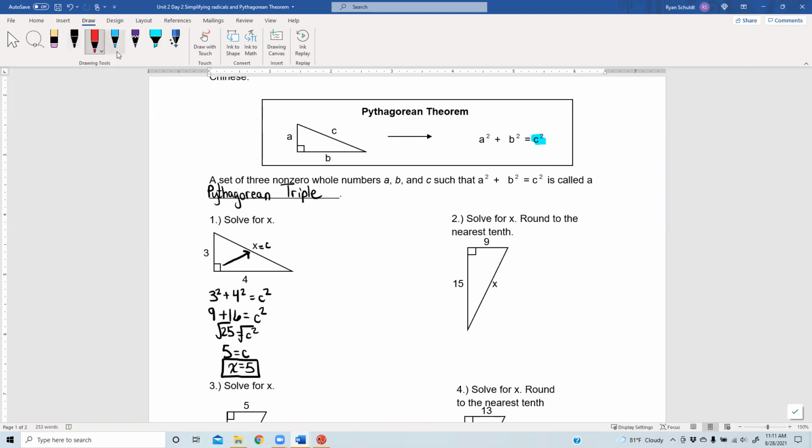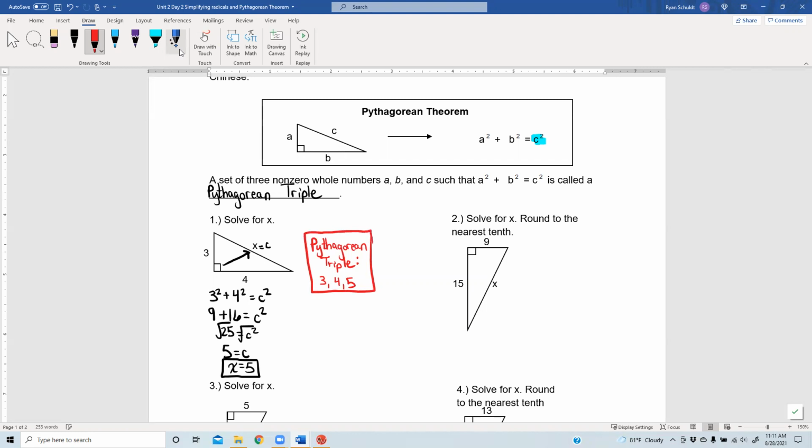Now, that means this is a Pythagorean triple. This is one of our Pythagorean triples. You don't have to memorize these. You do need to know that if they're all whole numbers, it works. So 3, 4, 5, that's a Pythagorean triple.